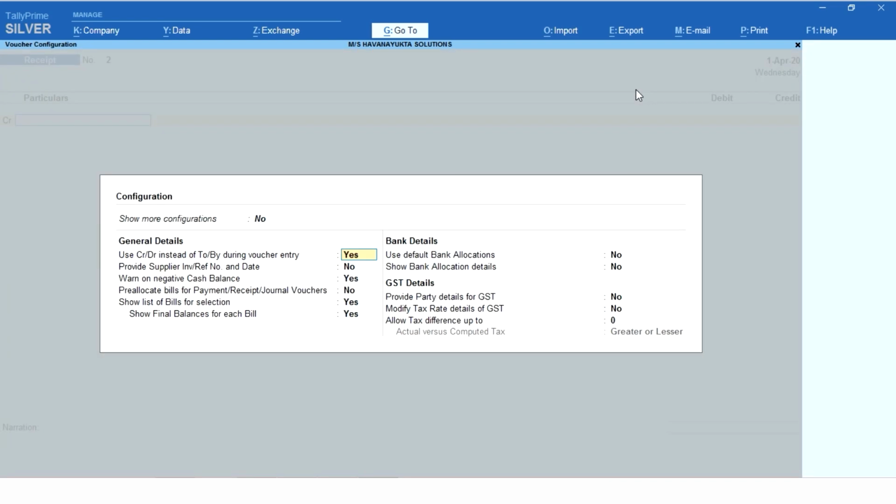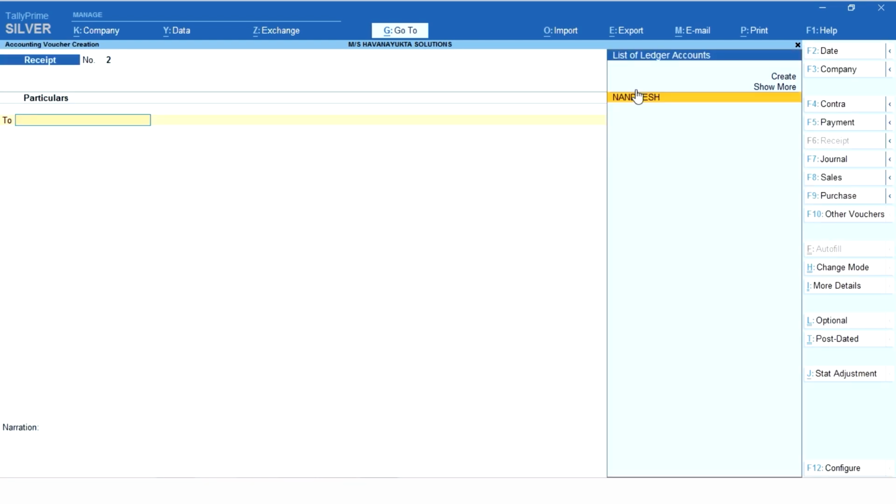There is a first option called use debit or credit instead of To and By during voucher entry. You can disable this option by setting it to No and accept it. Then you can observe here, instead of debit and credit, you are getting To and By. So as per your convenience, you can configure your vouchers and pass a transaction.